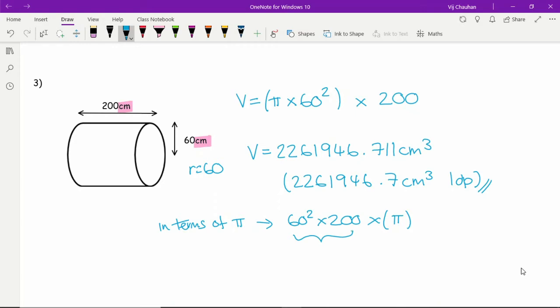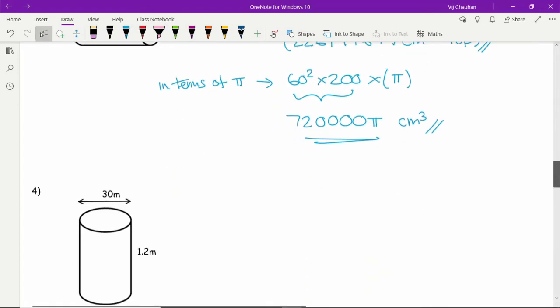So I'm going to type in 60 squared times 200 on my calculator, or whatever method you're using, which gives me 720,000 pi, and that will be in centimetre cubed. So there is your answer in terms of pi. But like I said, you only really need to give your answer in terms of pi if they ask for it, which in this case they didn't, so we don't need to worry about it.